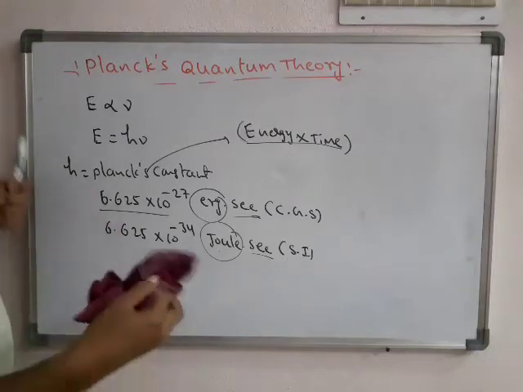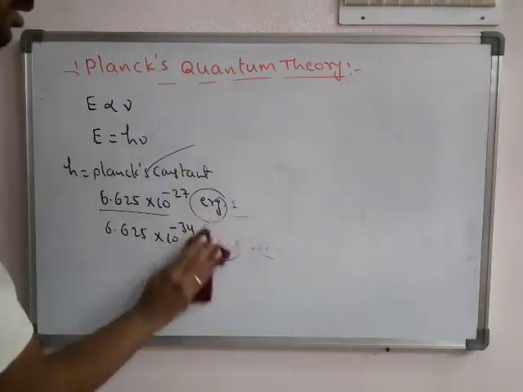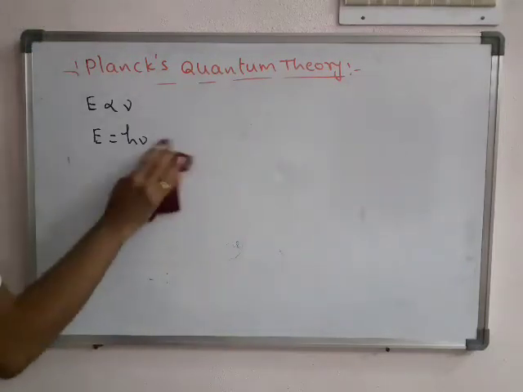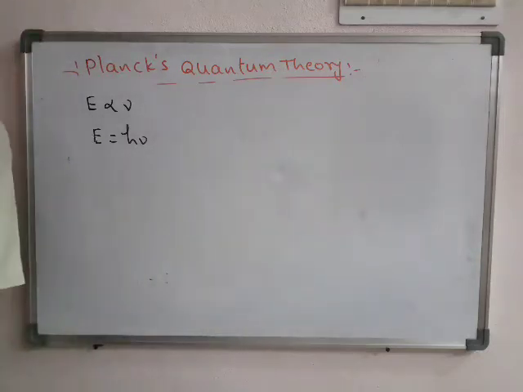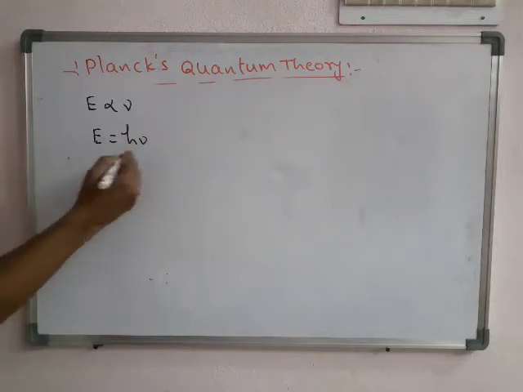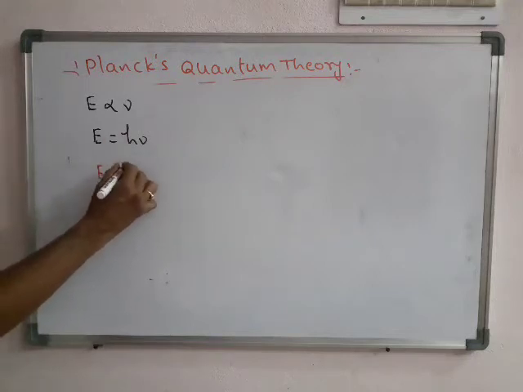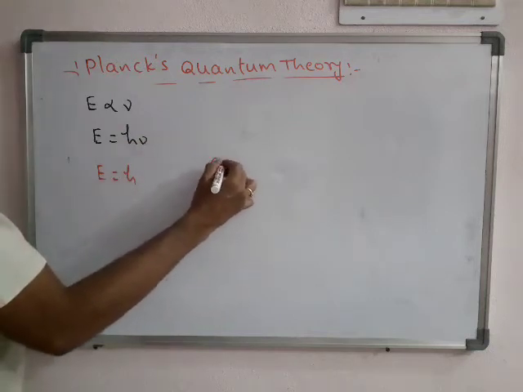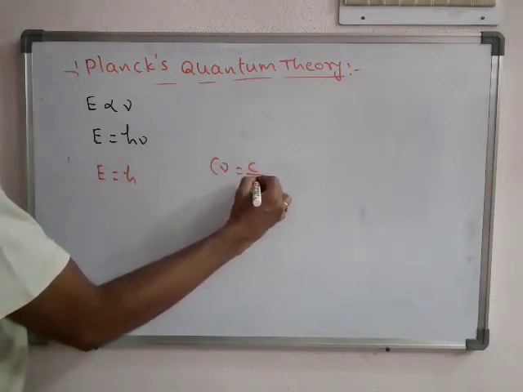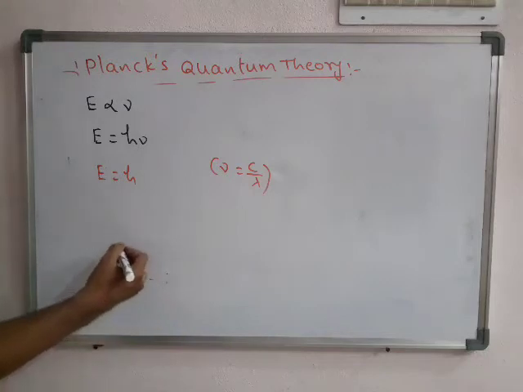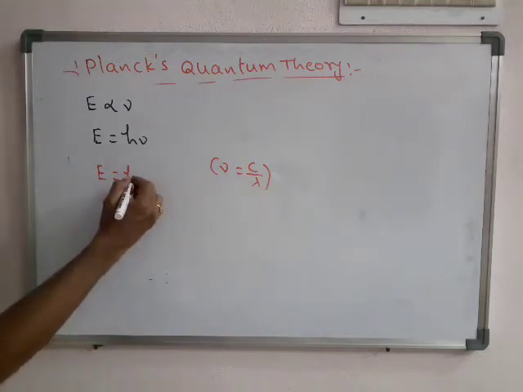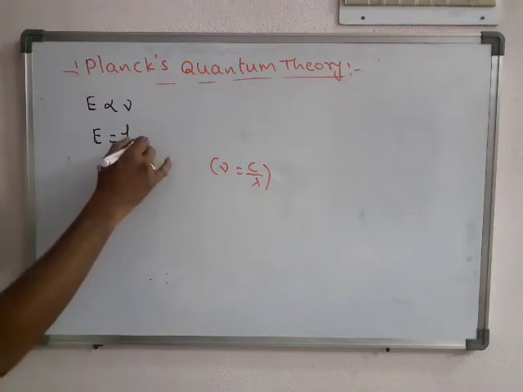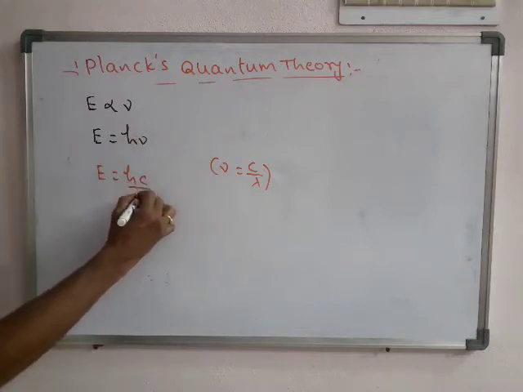Okay, next we can write something further. E is equal to h nu. Already we know the relation that nu is equal to c by lambda. So in place of nu we can write c by lambda.